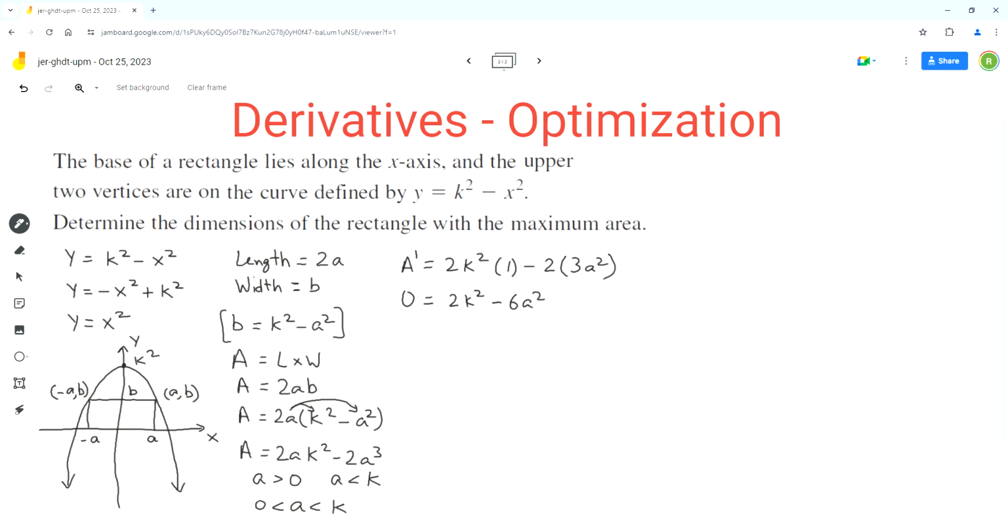Now we can solve for a, so we should add 6a squared to both sides. Now we can divide both sides by 6.